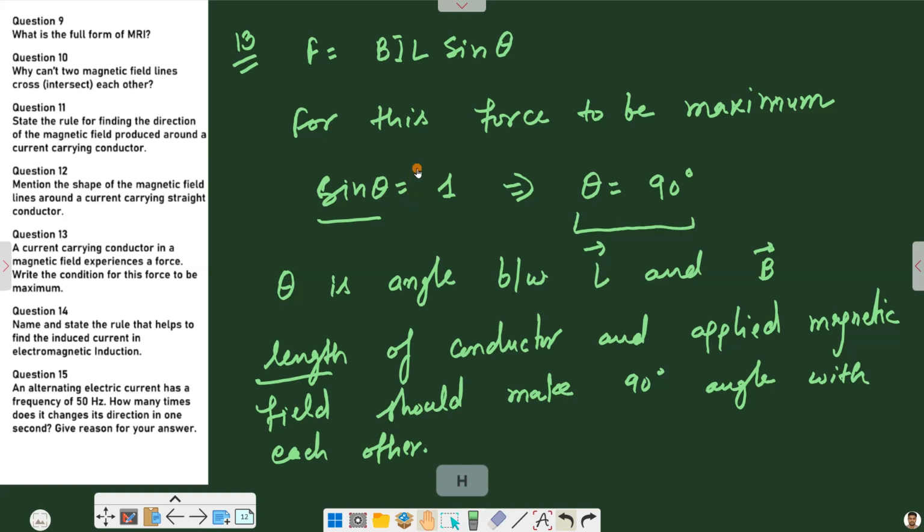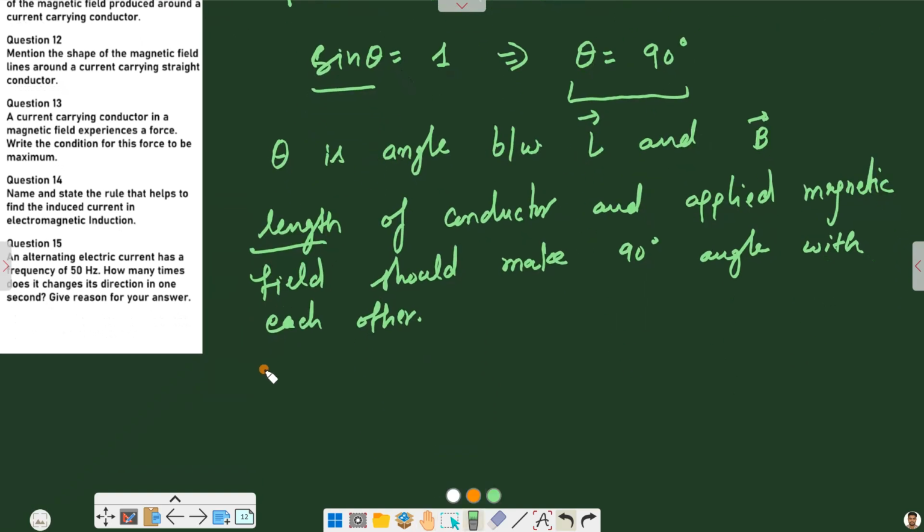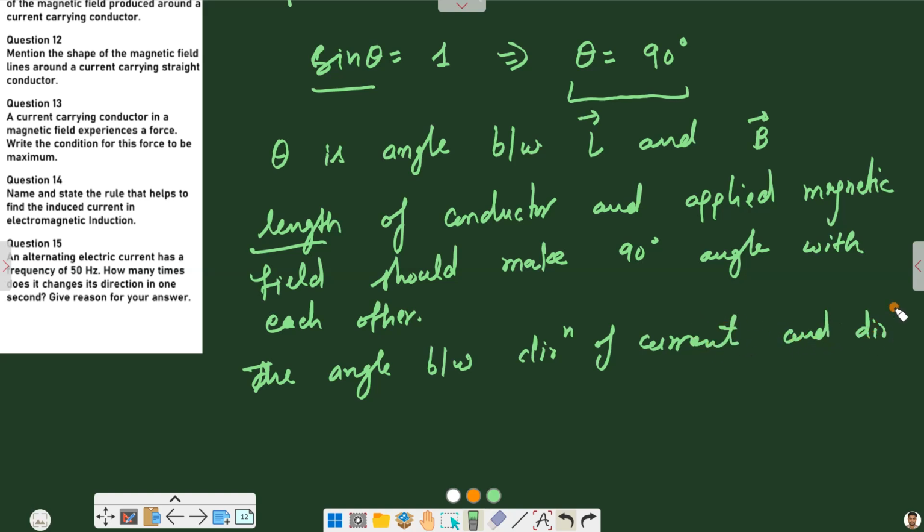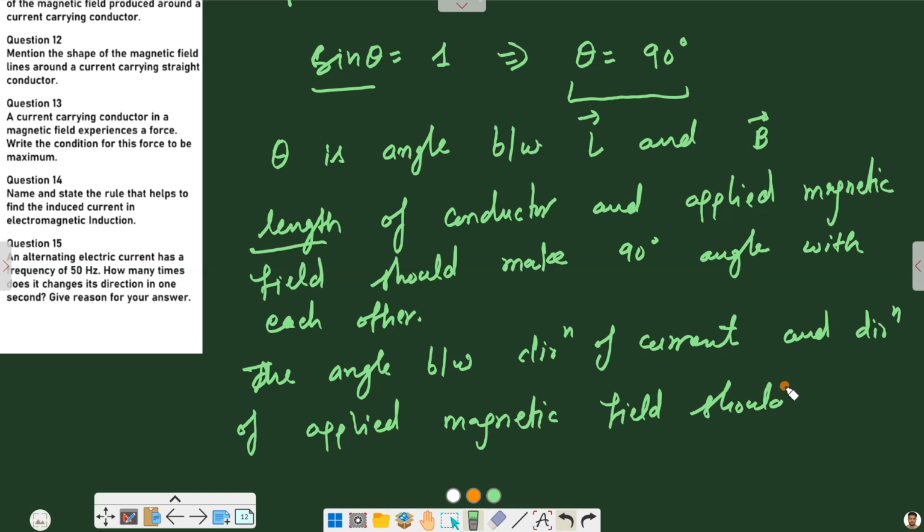So we can also say that the angle between the direction of current and the direction of the applied magnetic field should be 90 degrees.